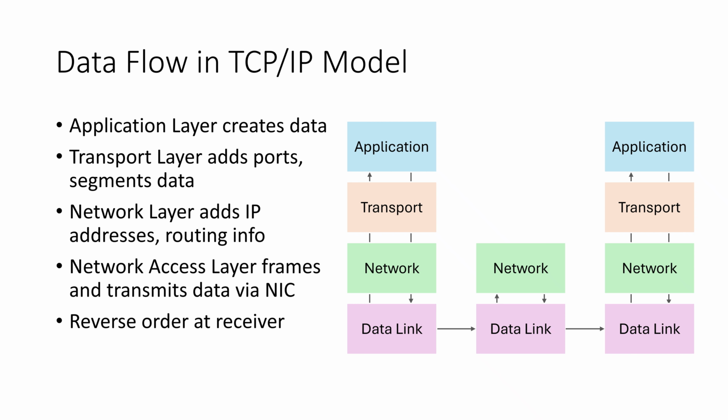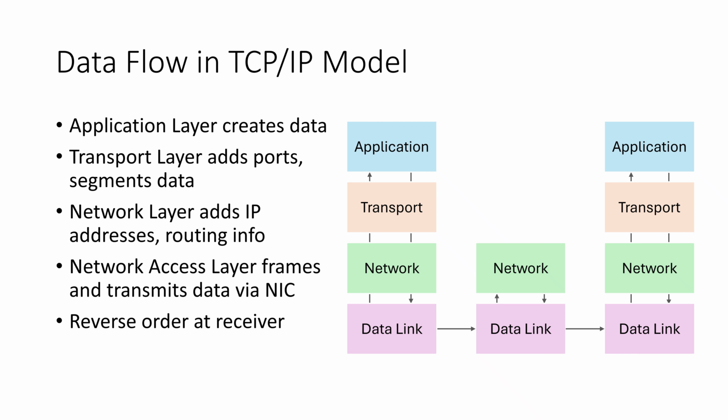When data moves through a network, it passes sequentially through the TCP/IP layers. The application layer generates the data, like a web page request or an email. The transport layer then breaks this data into smaller segments, adds port numbers to identify the sending and receiving applications, and manages reliability depending on whether it uses TCP or UDP.